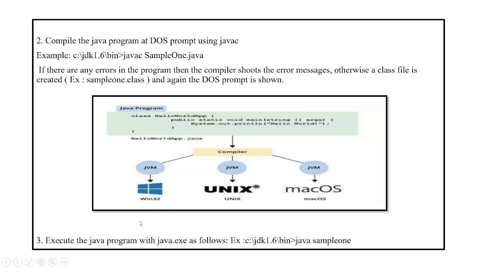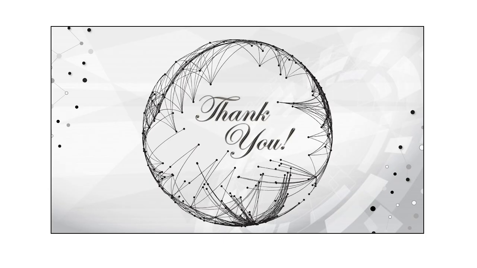Once the DOS prompt is displayed, you execute your Java program with the command java and just write Sample1, that is the class name alone, with no need for any extension. After the execution, you are going to get the output.